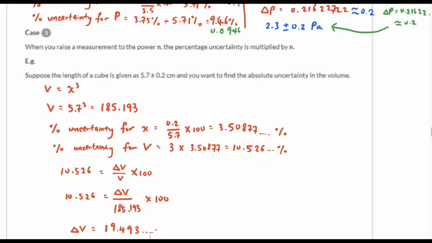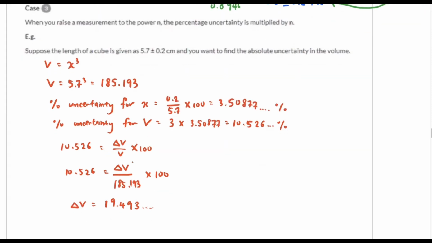Again, we want to round off to one significant figure. So rounding off to one significant figure, we get 20, which is the nearest 10.